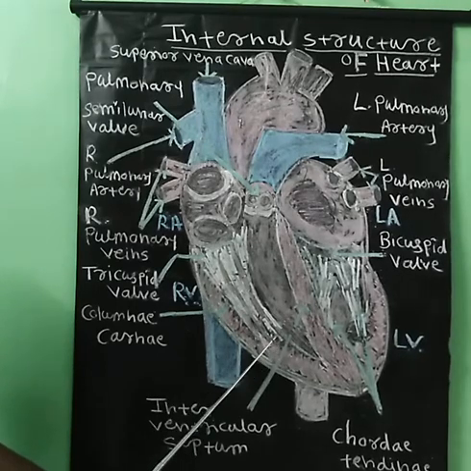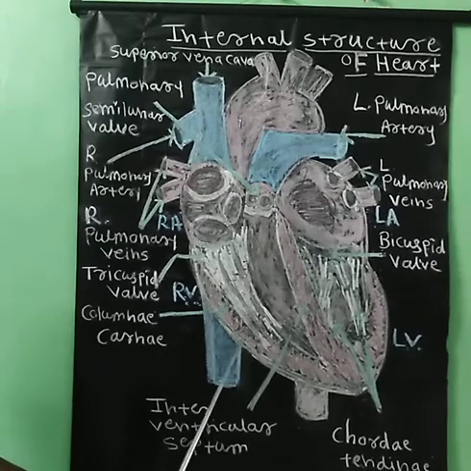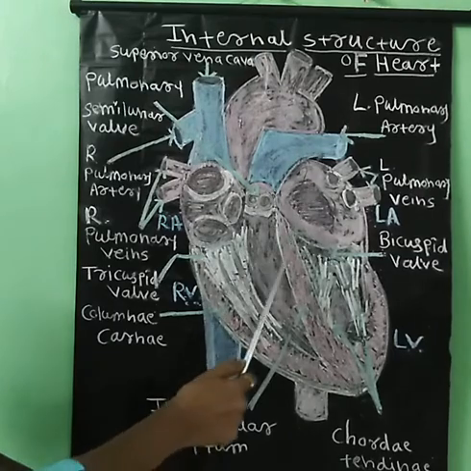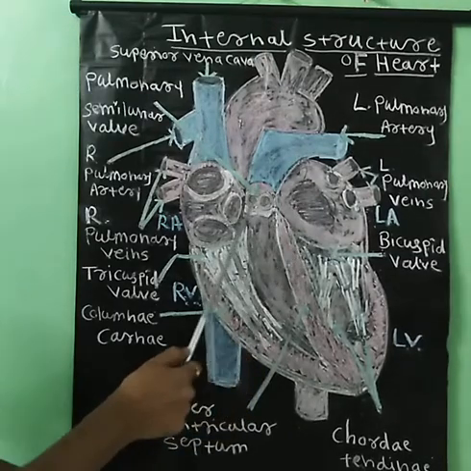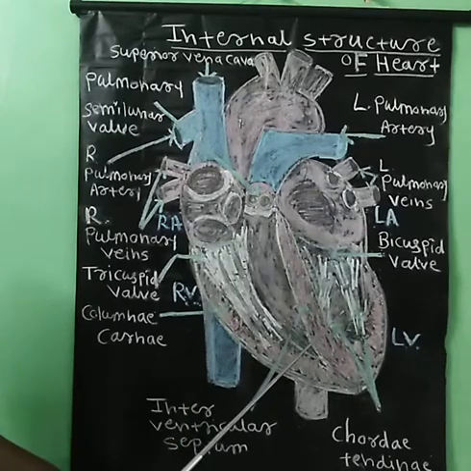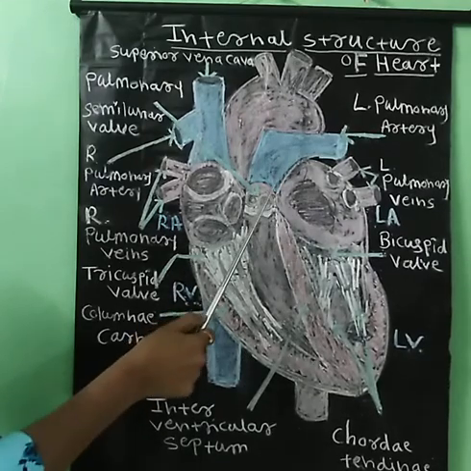Again, right ventricle opens into pulmonary aorta, while left ventricle opens into aorta.